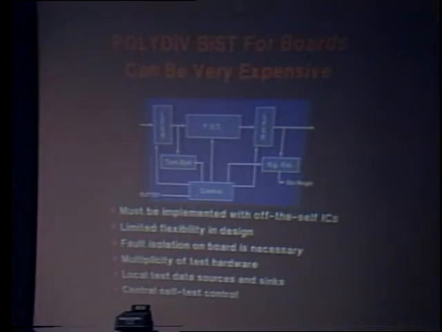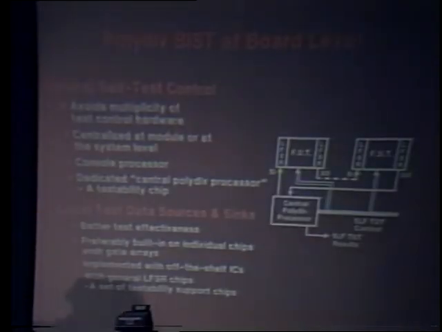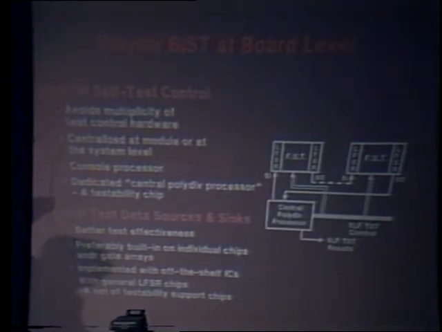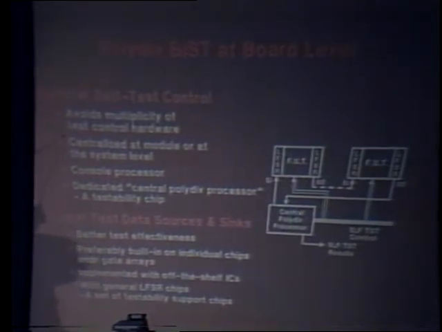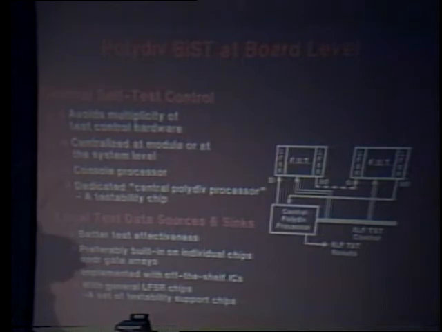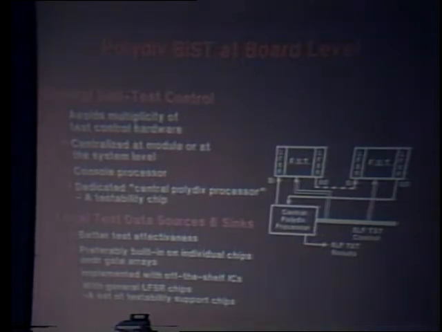So by providing the central self-test control, we could avoid the multiplicity of test hardware, and centralization could be done at the individual modules or even at the system level.